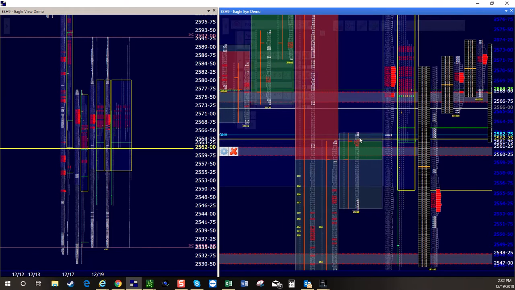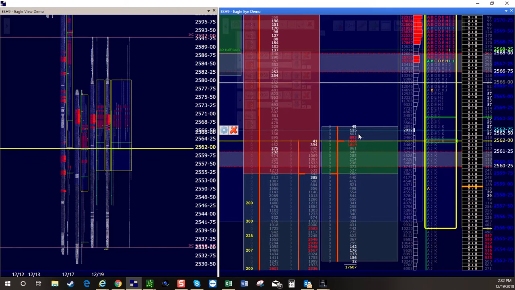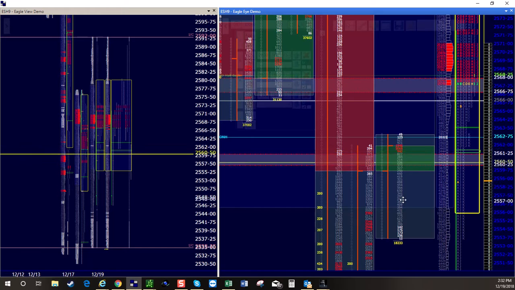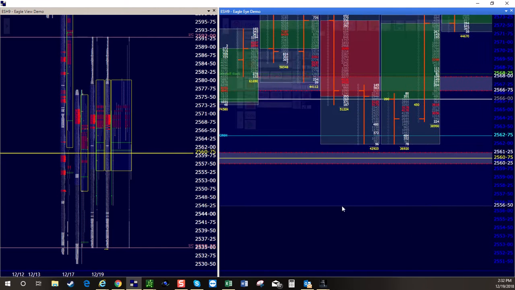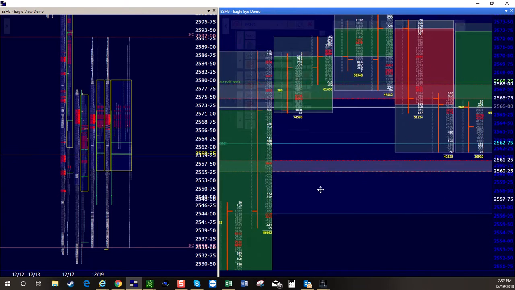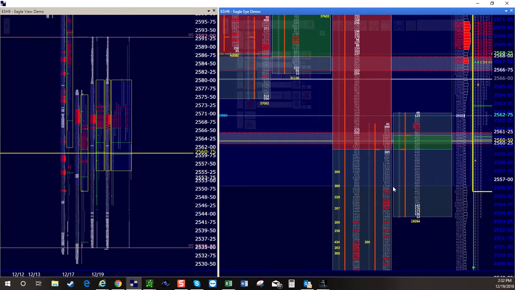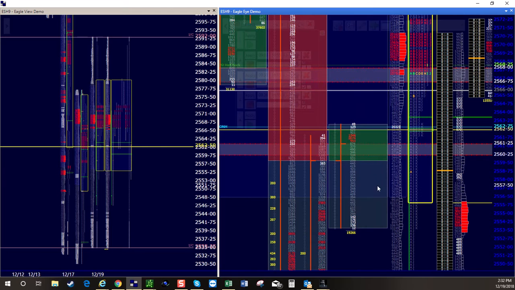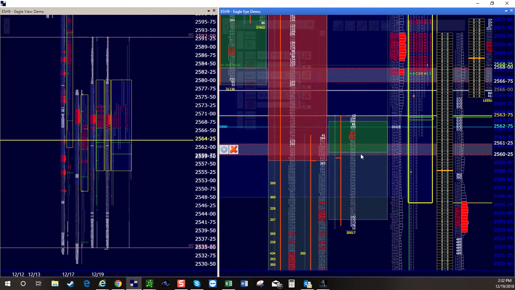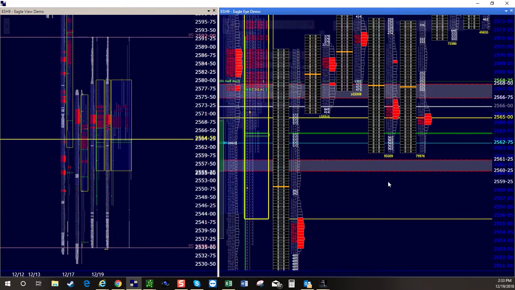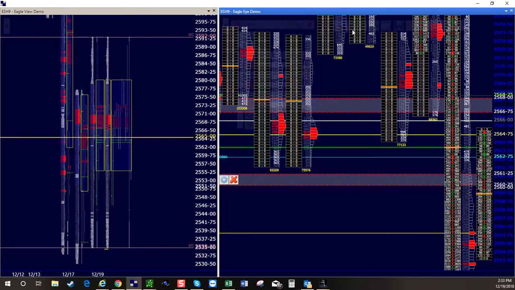So let's see how many times they sold from the overnight high. One. That's the first time they've sold from the overnight high, and we'll see if it lasts. Okay, and it doesn't last. So we cleared out that comparator. So that trade is off the table.